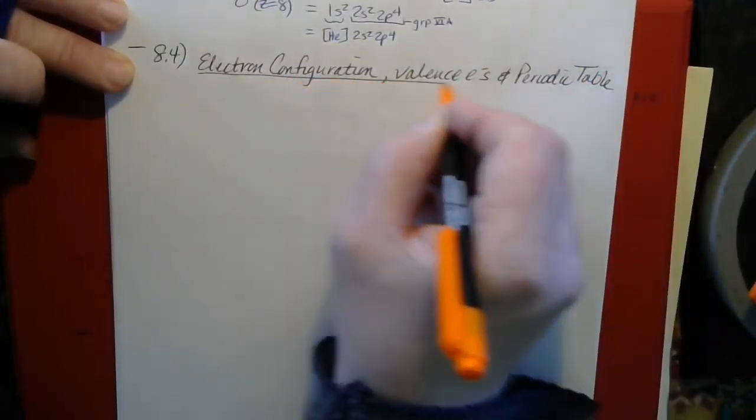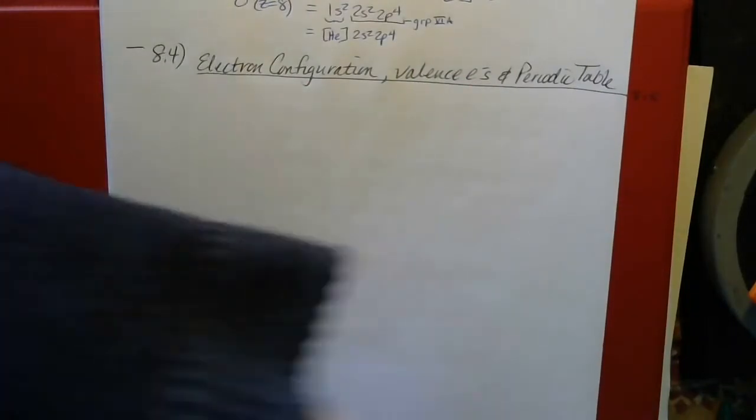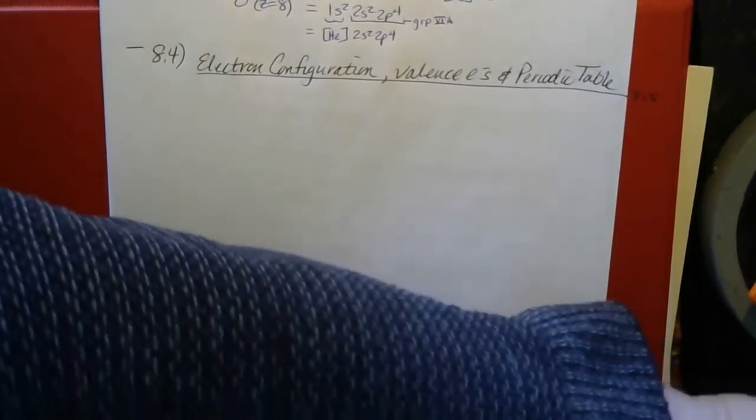Okay, so electron configurations, valence electrons, and the periodic table. Some of that I tried to preview in the last section, so it won't be totally new.